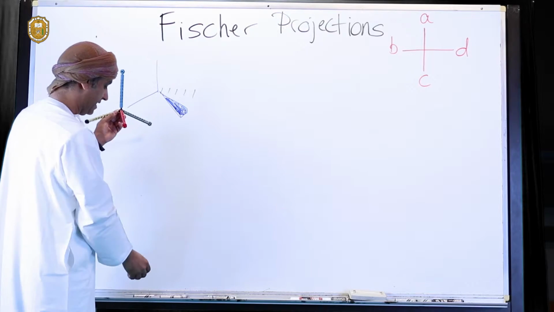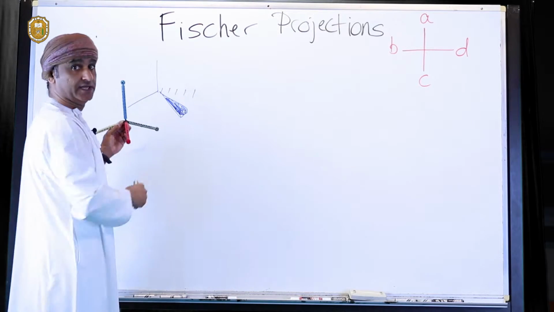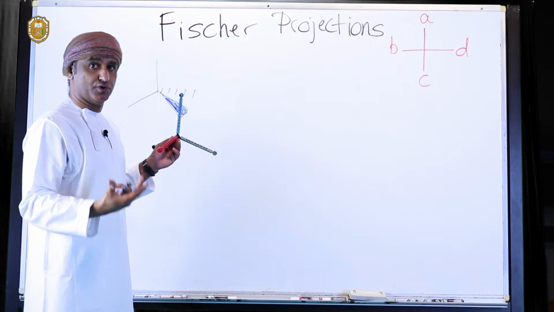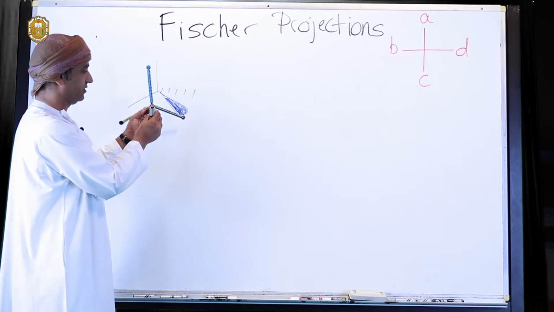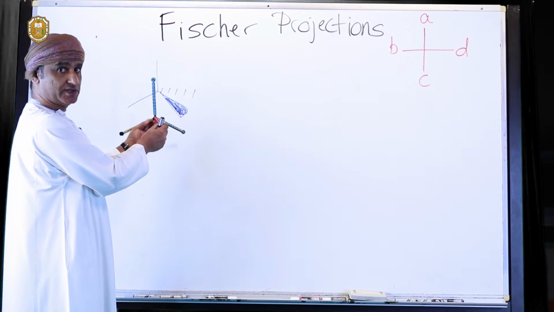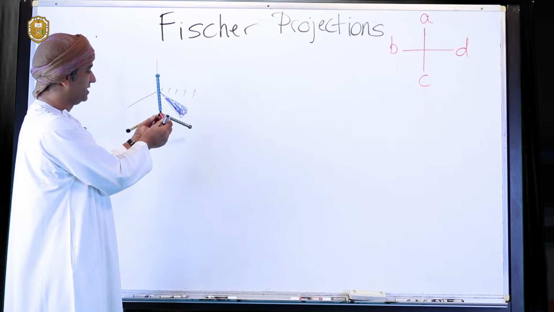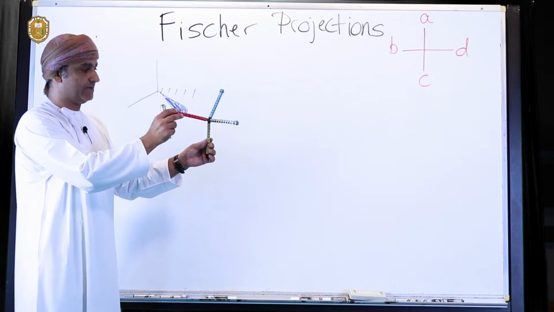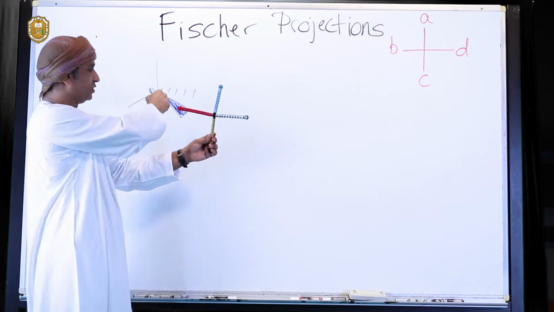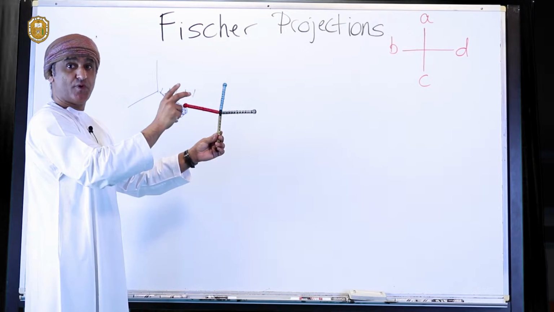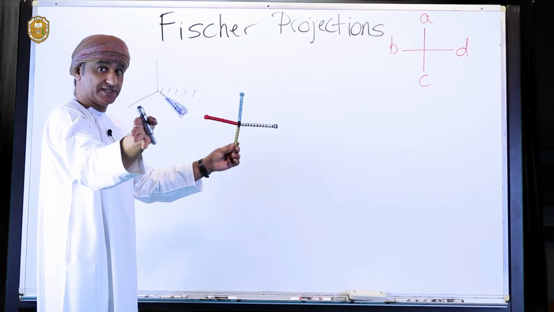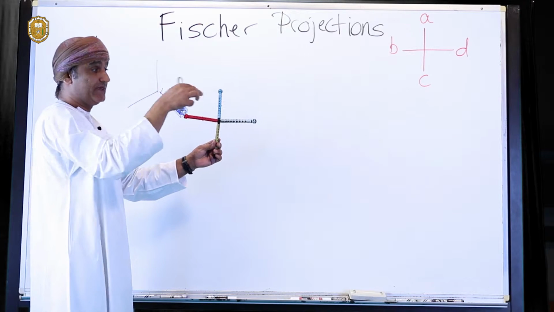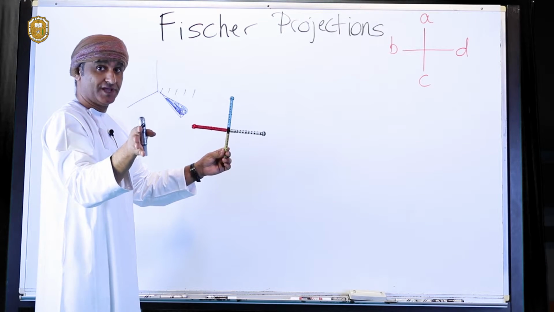So the first step in converting this tetrahedral drawing into a Fischer projection is to rotate the molecule. Again, this is the model and that's the structure, the way it's drawn. We need to rotate it a little bit like this, so that these two bonds, which were outside the plane, now point towards you as a viewer.